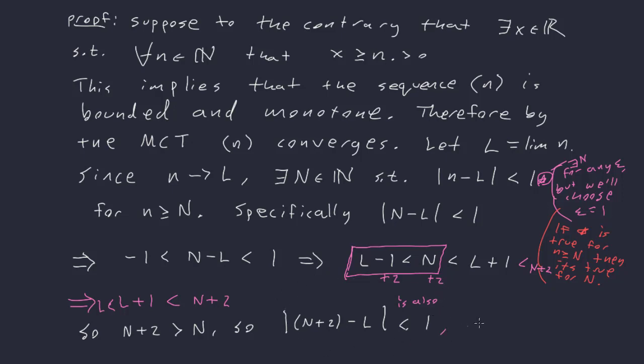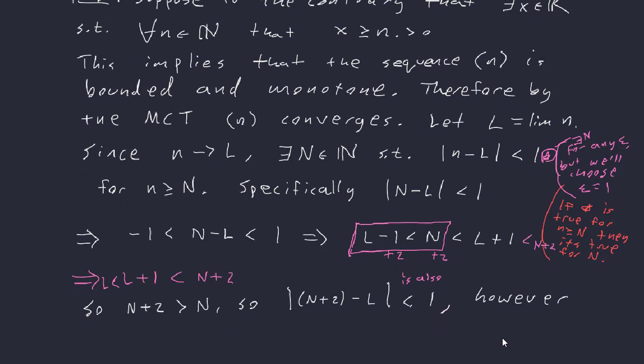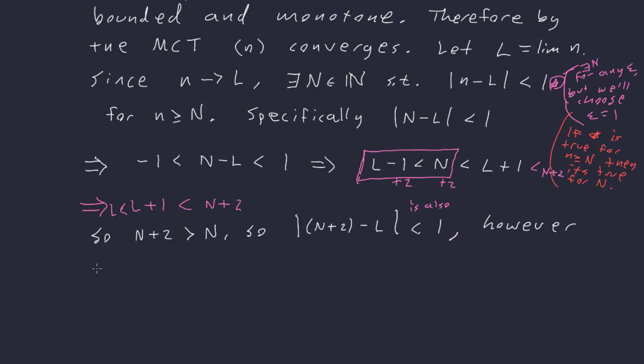However, the absolute value of capital N plus 2 minus L is going to be positive, and that's because N plus 2 is strictly greater than L.